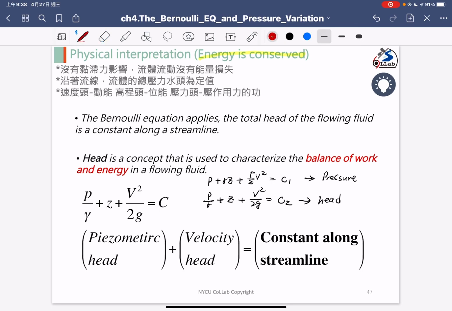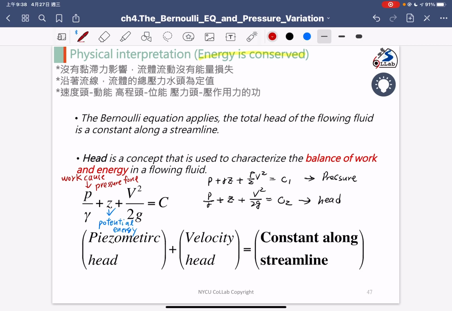The first term here we call the work caused by the pressure force. And what is Z? Z is related to the potential energy.